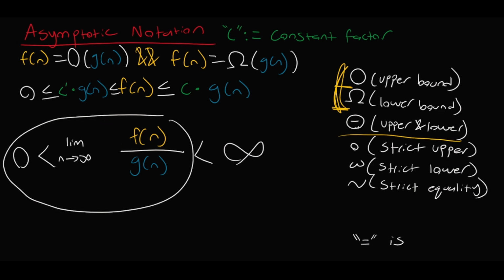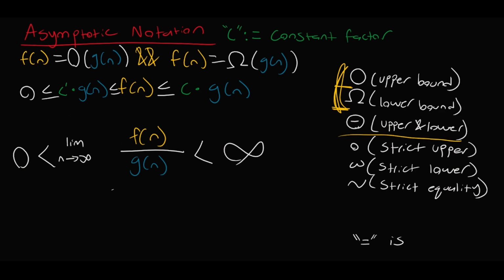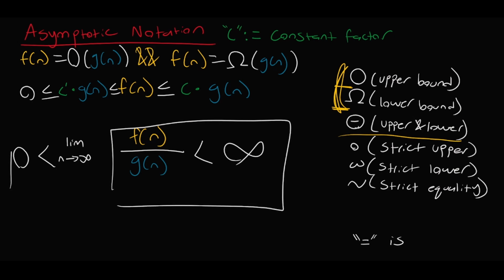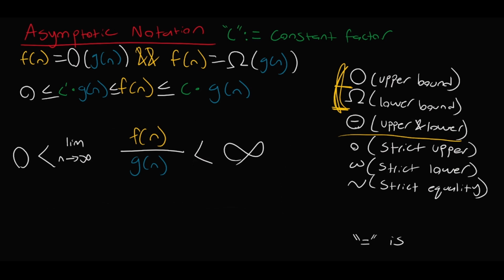But in this case, it's both the upper and the lower bounds. So we're going to have this sort of in-between behavior, this sort of loose equality. This describes theta, both the upper and lower bounds.